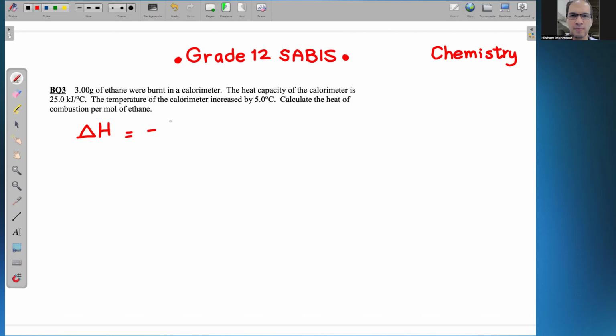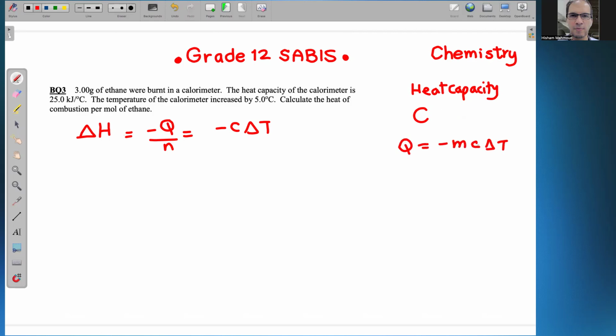So that's equal to negative Q over n again, and again that's negative C delta T. He said the heat capacity. Whenever he says the heat capacity, he means the capital C. In this case, Q is equal to negative C delta T, and we will not put the m here.